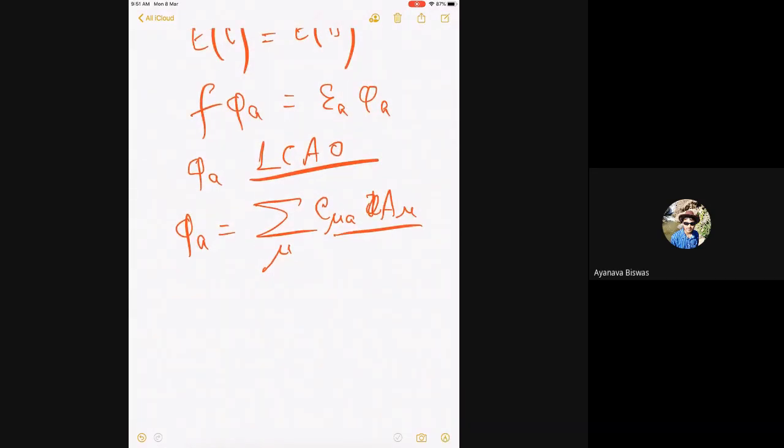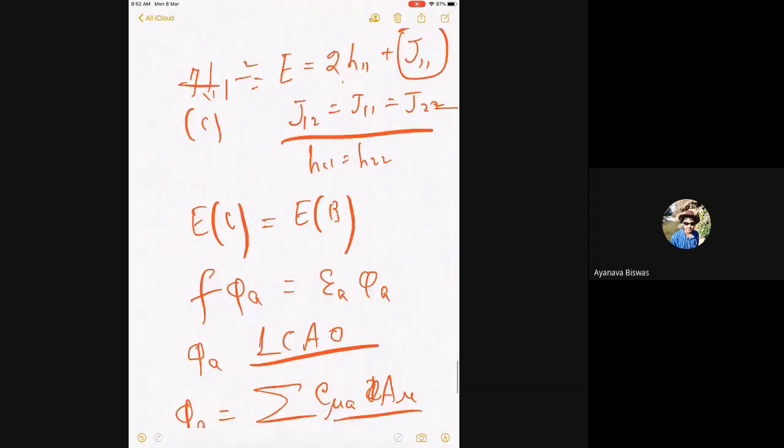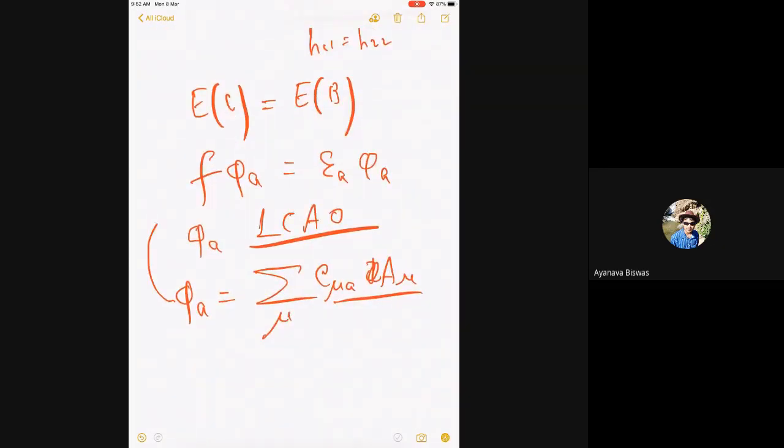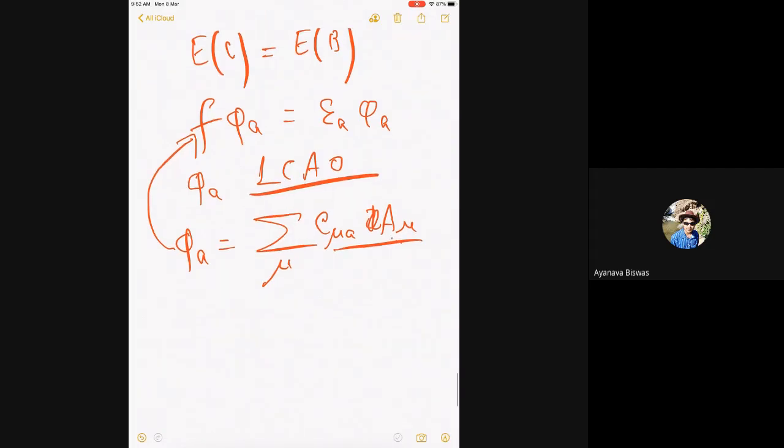Okay? And then I apply this to the Hartree-Fock equation here. And do a projection by these members of the atomic orbital, complex conjugate, you get what is called the Hartree-Fock-Roothaan equation in a matrix form.